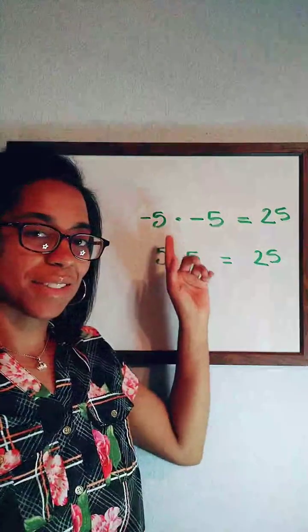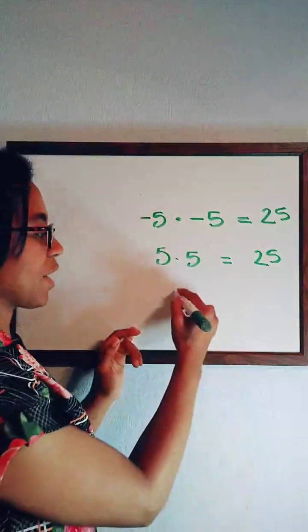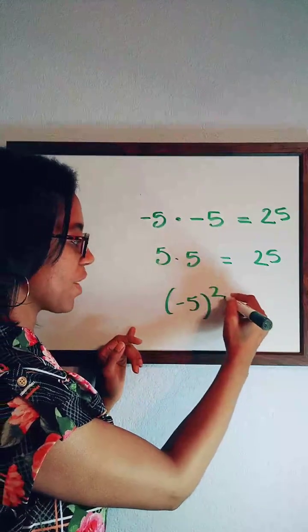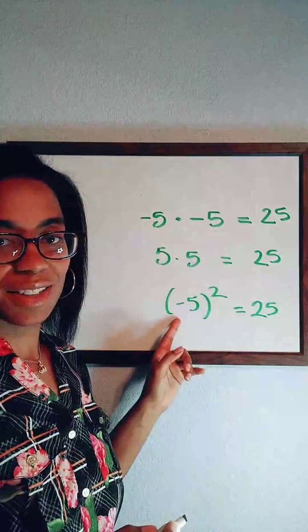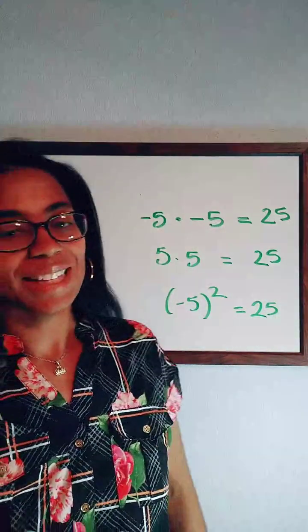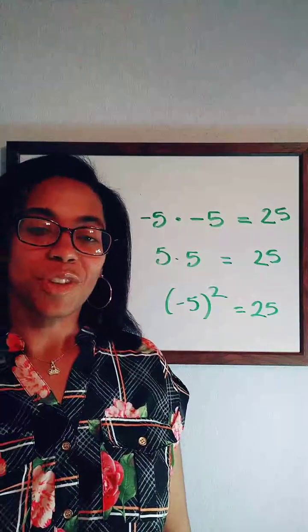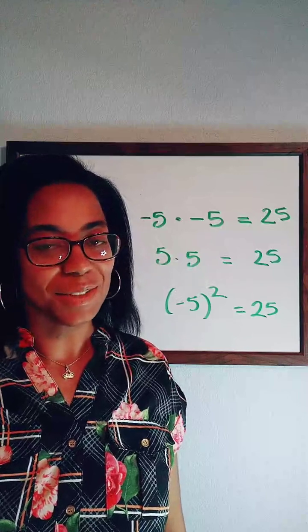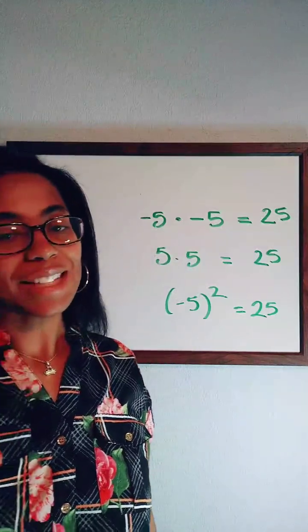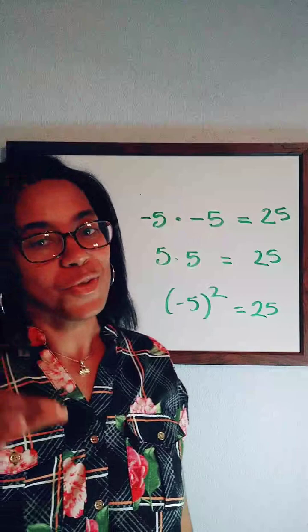So you see why I got to do a positive and a negative? Because if I do -5 squared, then I'm still going to get a positive 25. That's why it's a positive and a negative. Because if you square a negative number, you're still going to get a positive answer. So that's why you have to do positive or negative.